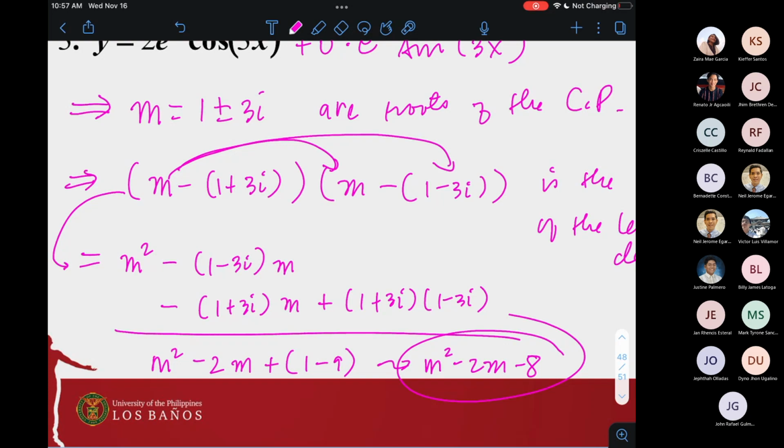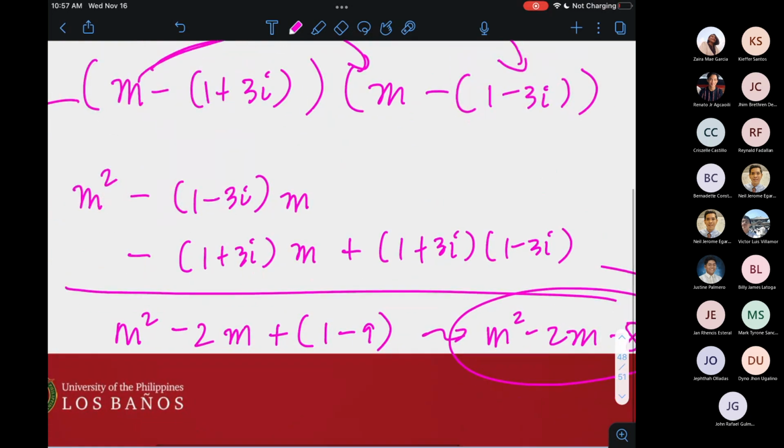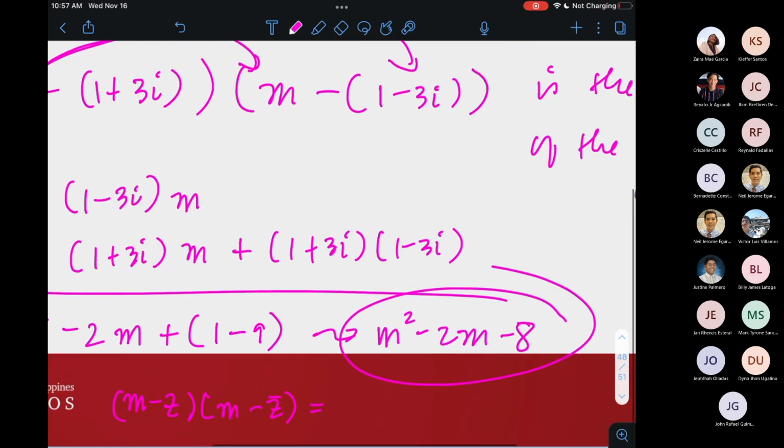Okay? So ang shortcut pag nagmo-multiply ng complex conjugate pairs ay ito. Sana makuha ko yung shortcut. So kapag ka meron kang m minus z, where z is a complex number, times m minus z bar, which is the complex conjugate, this is m squared minus twice the real part ni z.